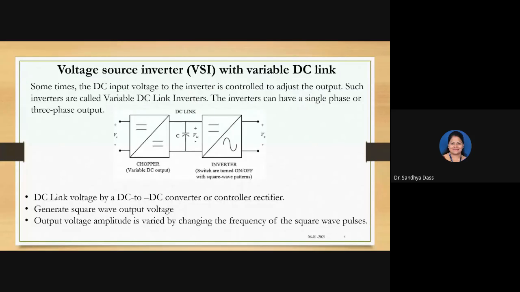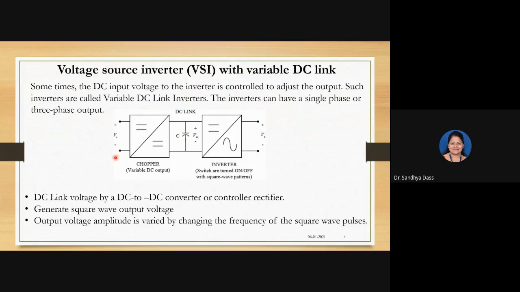Okay, so as you can observe from the figure here, this is your inverter circuit and this part is your input. So the input to the inverter is a fixed DC source, right?